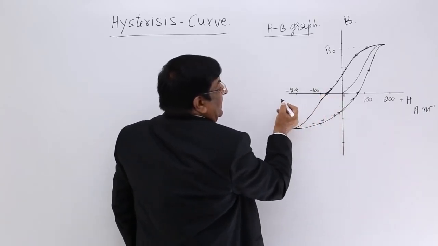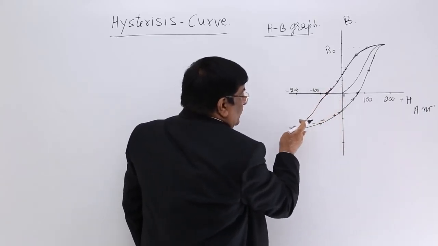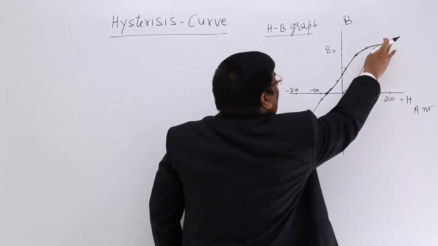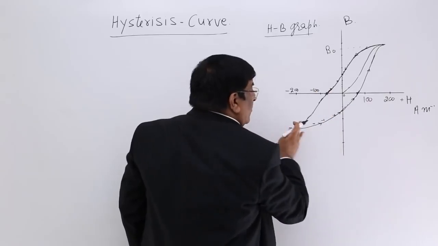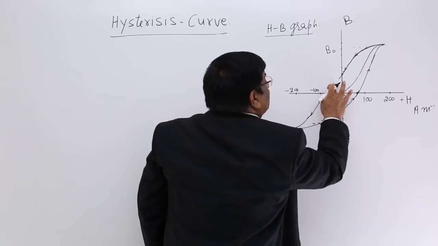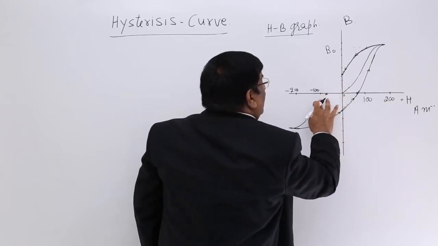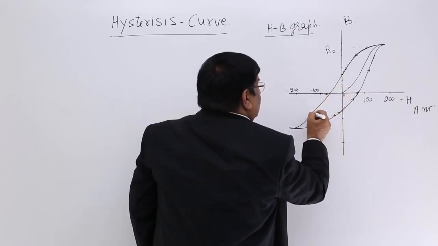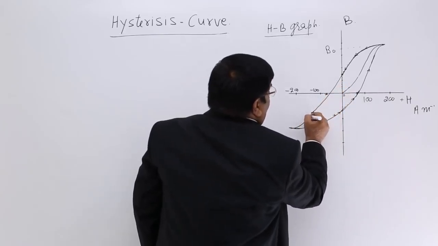Then H goes to negative side, then B goes on negative side. Again H goes on positive side, B follows this route. So this is the route made by this oscillating H and oscillating B. You can make it a smooth curve like this.